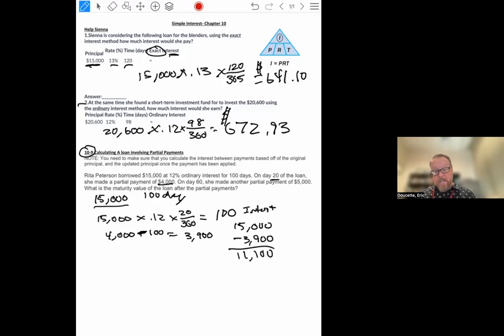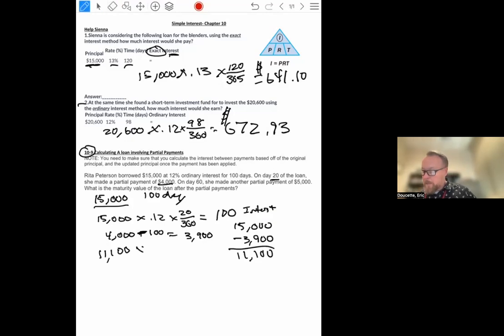If they were just to figure out the remainder of those days, they already used 20, so it would be 80 days at 12% interest. However, they make another payment on day 60. So they have the $11,100.